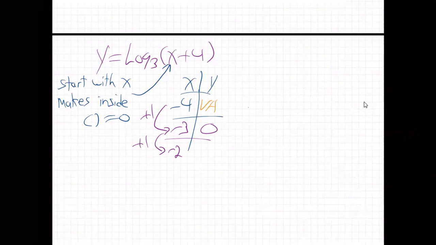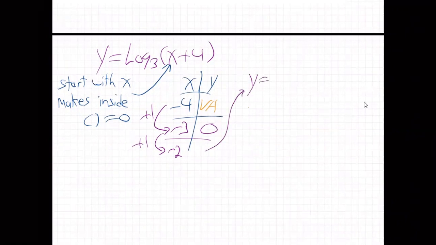If I plug in -2, I'm going to get a decimal. So what are we going to get?